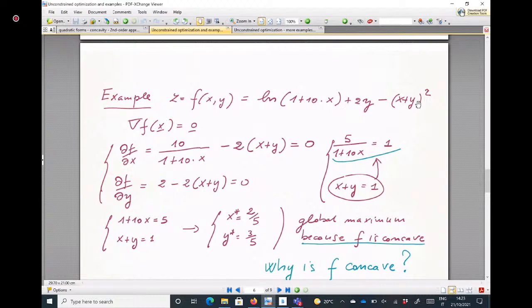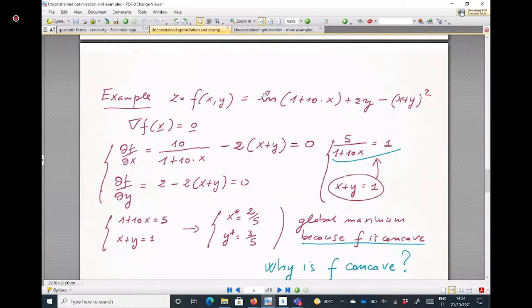The product between x and y is no longer additively separable, okay? Look at the first term, it is a function of only x. Is that a concave function of x? The argument of the log is linear, and the log is a concave, elementary function of one variable. So a concave transformation of a linear function is concave.